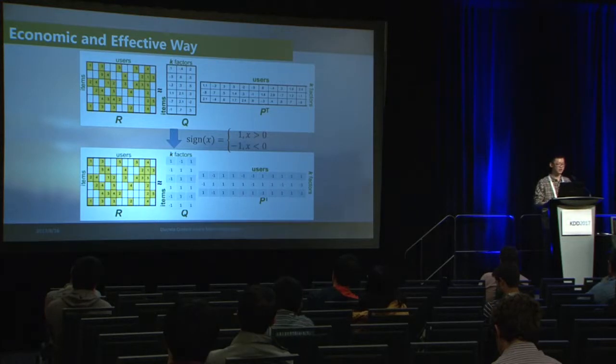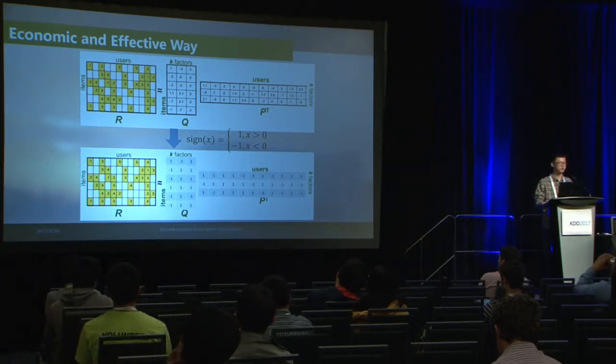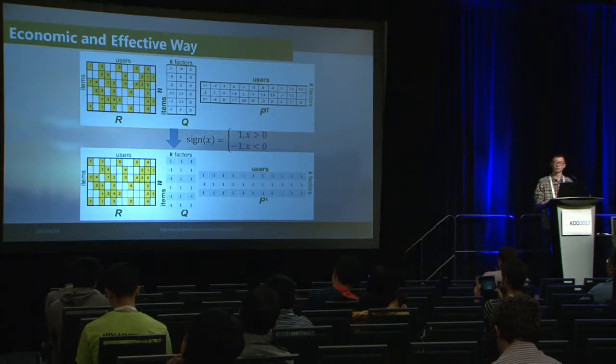To this end, we study an economic and effective way for generating real-time recommendation. It is well known that matrix factorization often generates the best model performance, so we take it for this study. Based on the learned latent vectors of both users and items, we apply the sign function to map them into 1 or -1.